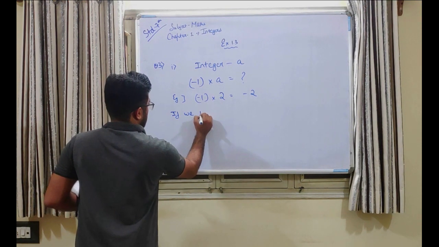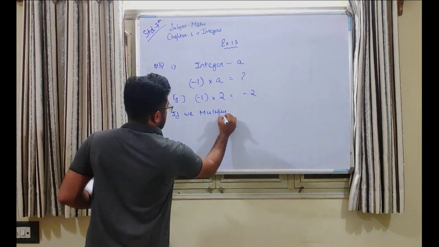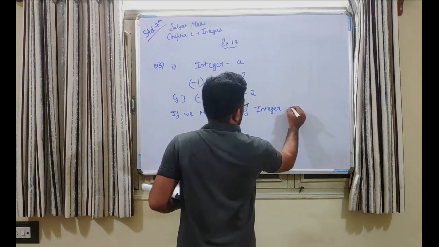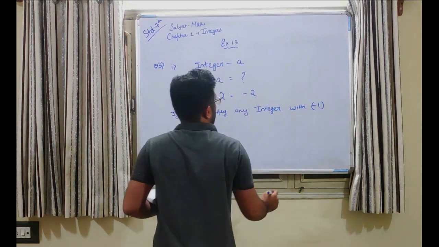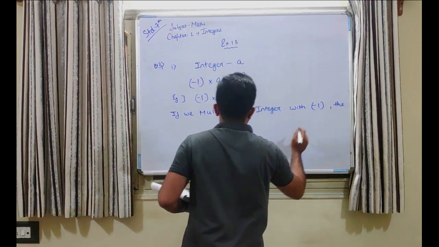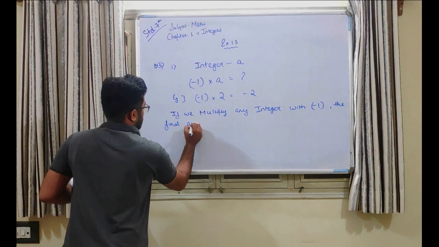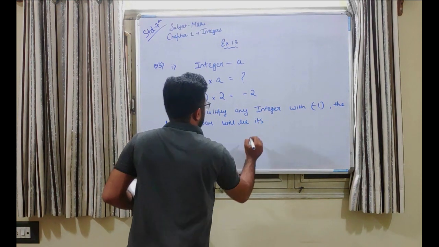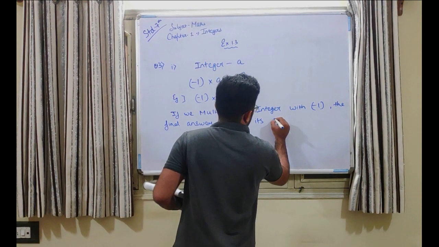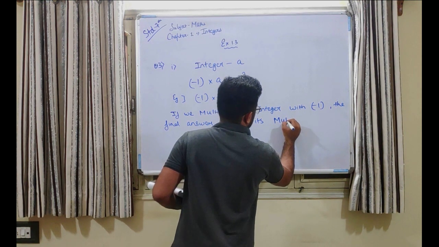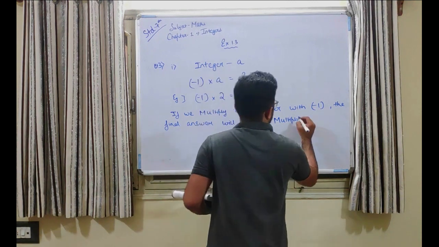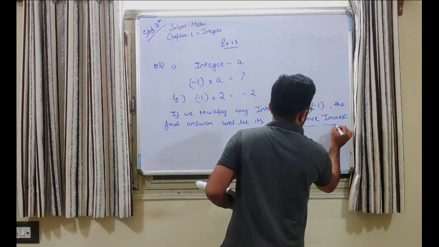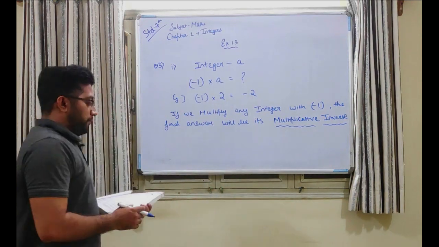If we multiply any integer with negative 1, the final answer will be its multiplicative inverse. Okay, please note down.